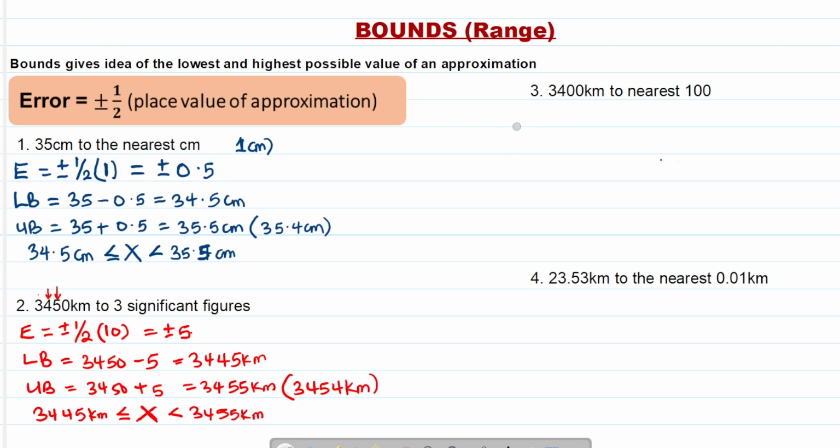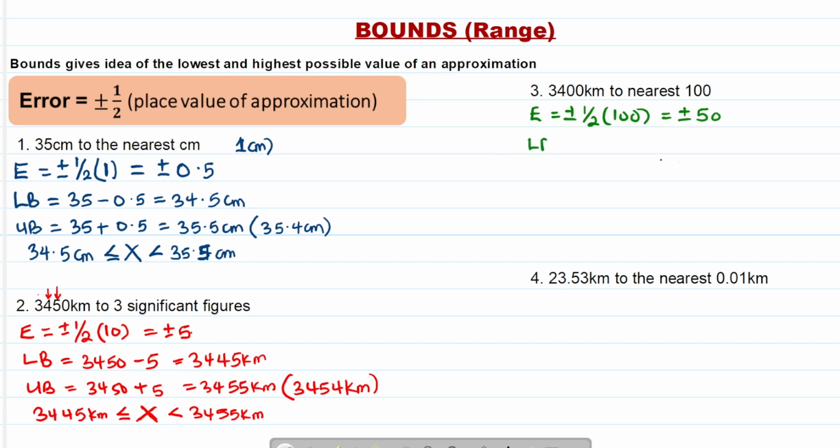Now number 3. In question 3, we have 3400 kilometer to the nearest 100. Nearest 100 here means that the place value is 100. Therefore, our error here is going to be plus or minus half of 100. Half of 100 will give us 50.